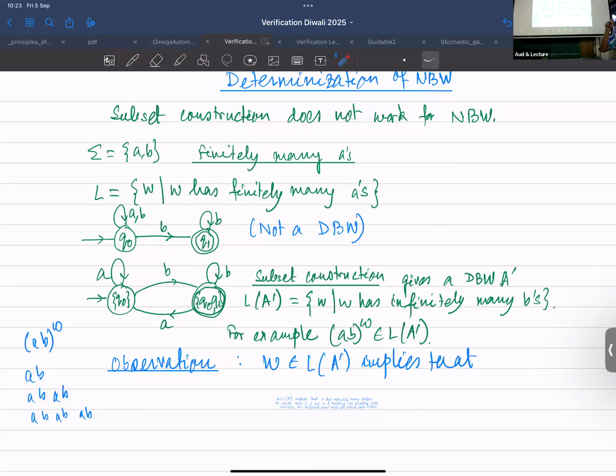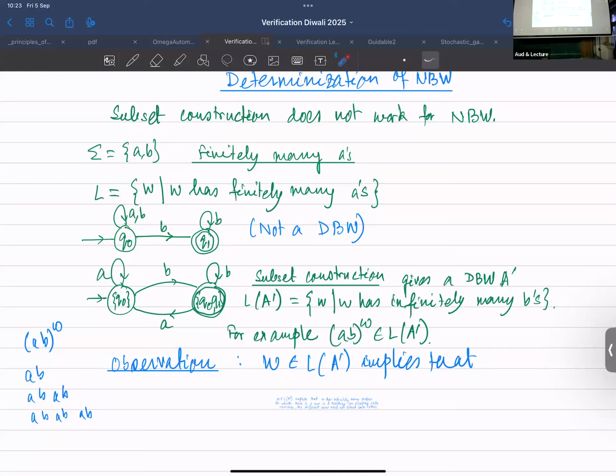But if you look at the run which takes this to the accepting state, and the run which takes this to the accepting state, the run here does not extend the run here. Because here in the B, you take this transition. Here, this B, you will still take this transition, right?